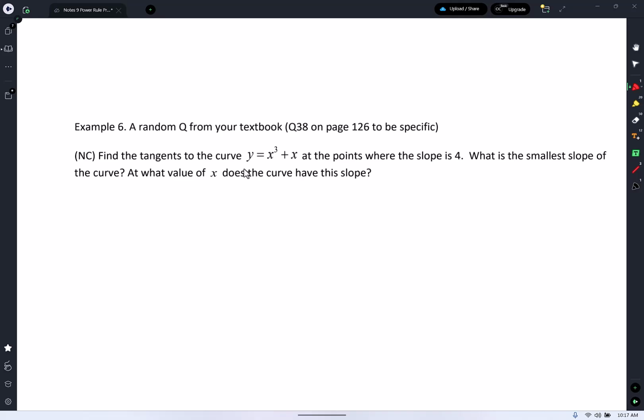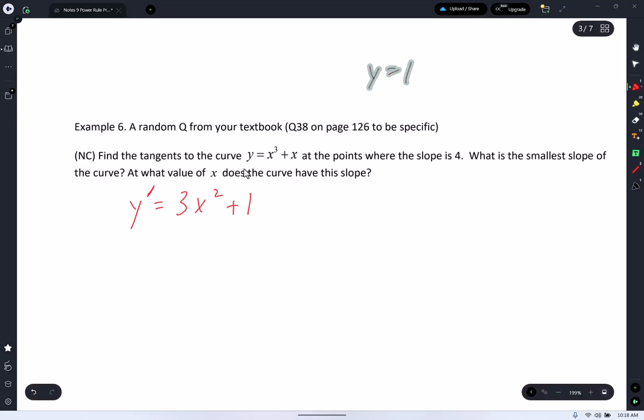All right, here we go. So, I want to know where the slope is 4. So, what do I got to do, guys? Take a derivative. So y prime equals, what's the derivative of x cubed? 3x squared plus, what's the derivative of x? 1. Guys, if you just have y equals x, that's a slope of 1. I want this slope to be what?